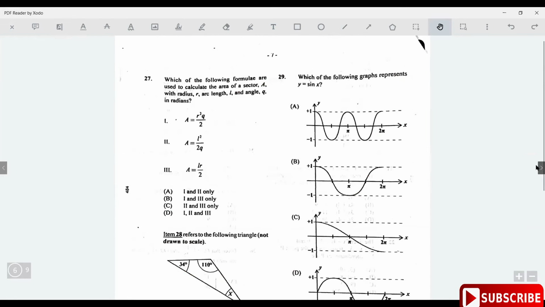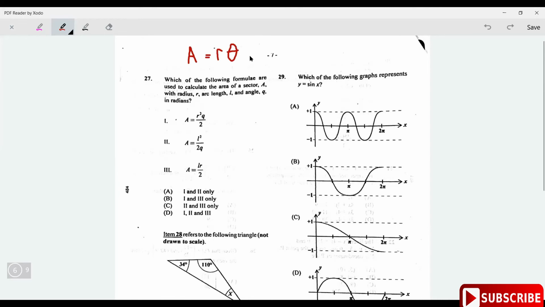Question 27. It says, which of the following formulas is used to calculate the area of a sector with radius r, arc length L and angle Q? Well, we know that area of a sector A is equal to arc length r times the angle theta.